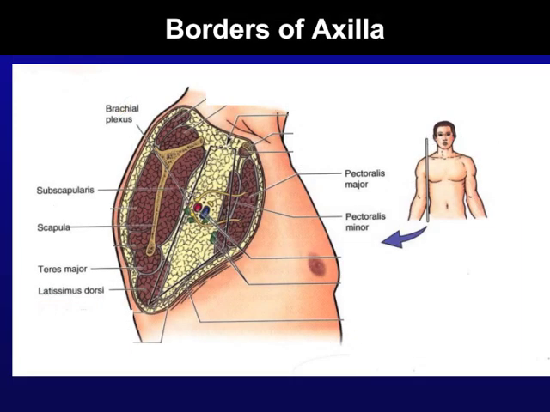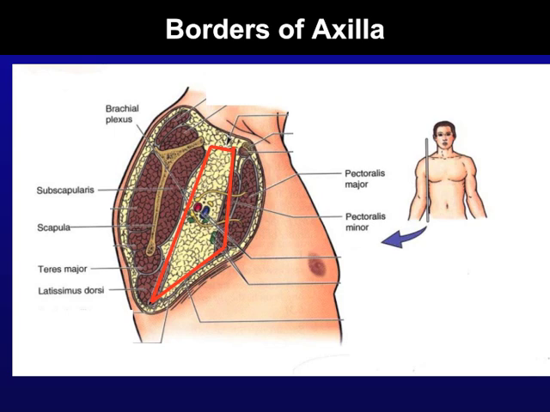Another way to appreciate the region of the axilla is to view it in a coronal section, as shown in the image. The area of the axilla is now indicated in red, and the boundaries are labeled in the image.